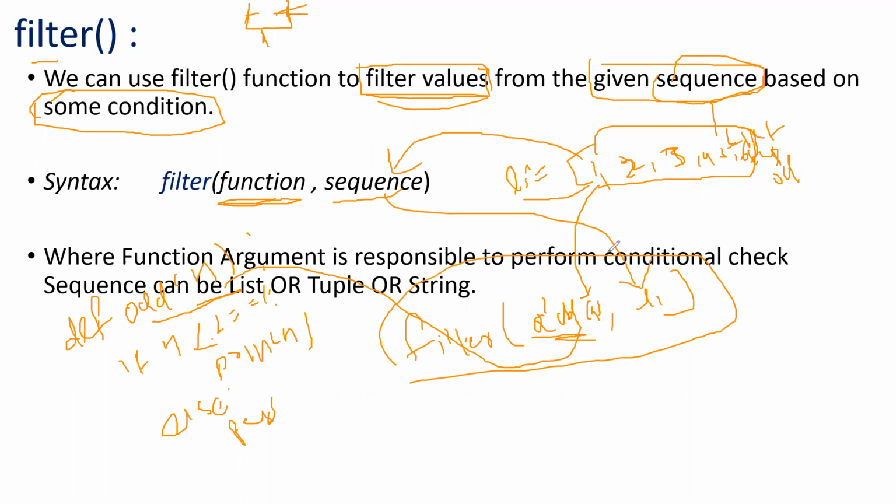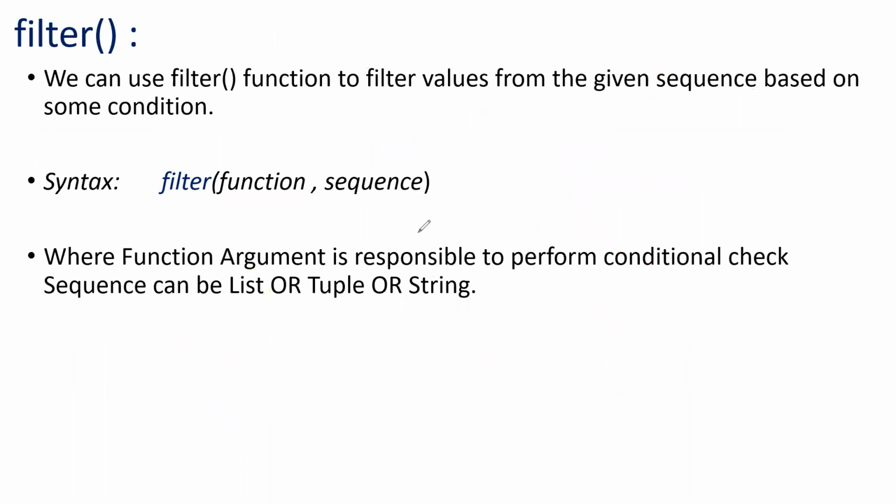Once again, I'm repeating, because due to this mouse I'm unable to write properly. Try to understand. Let me clear this. Now, based upon the filter condition, we need to find the odd numbers in the given sequence. We need to filter that.